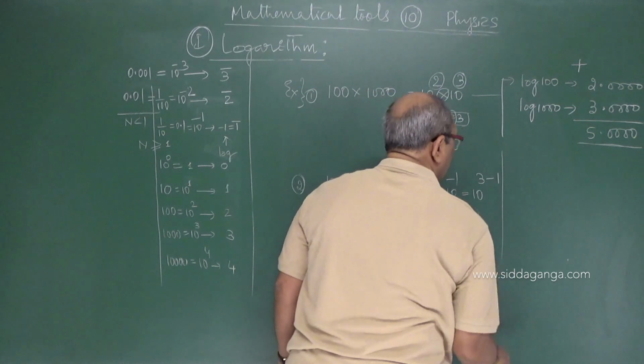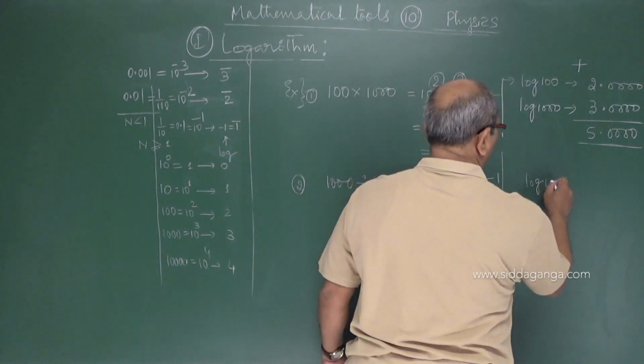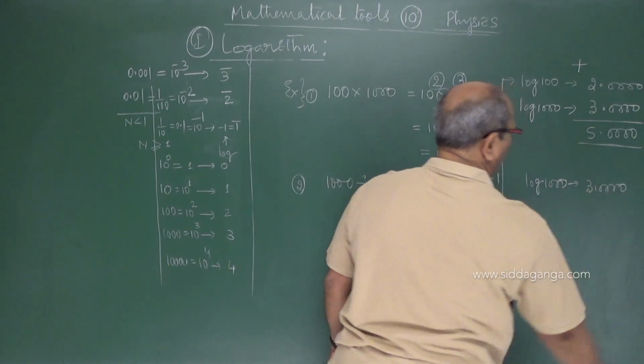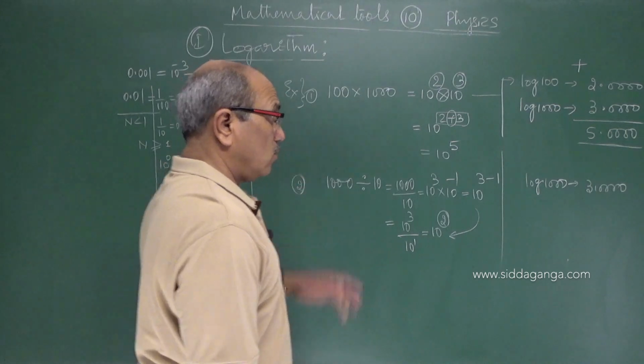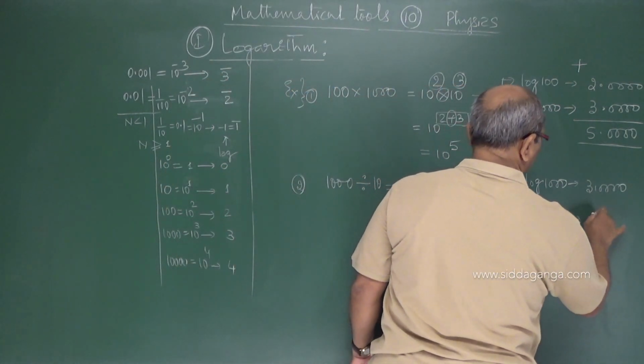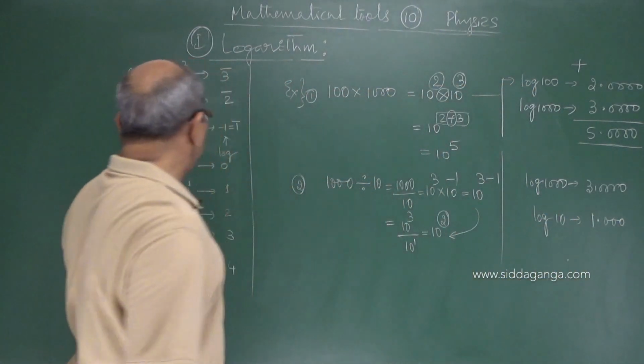Now I consider the same with logs. The log of 1000, how do you write it? It is 3.000. What is the log of 10? You are writing 1.000. You know that the log of 10 is 1.